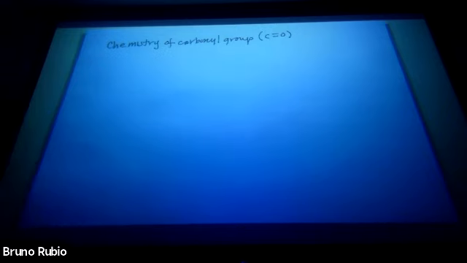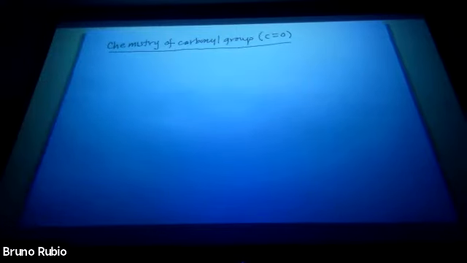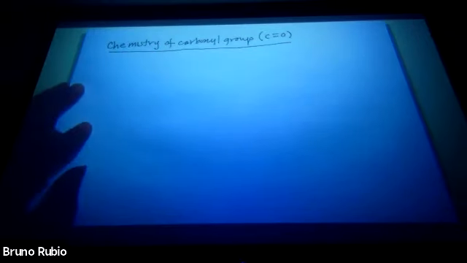And remember, the carbonyl group is the carbon-oxygen double bond. That's what we see in aldehydes, ketones, carboxylic acids, esters, amides, all kinds of functional groups have the carbonyl group in it. All right, so that's going to be our topic pretty much for the rest of this unfortunate semester.